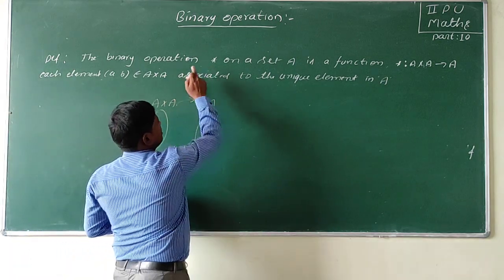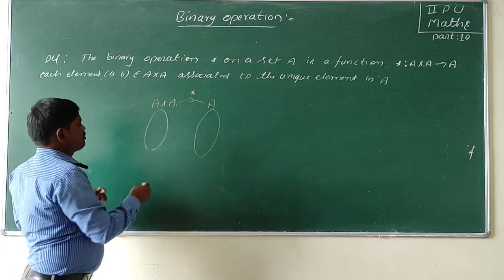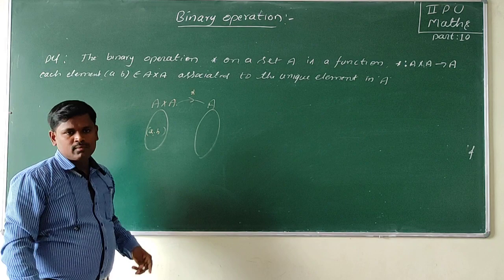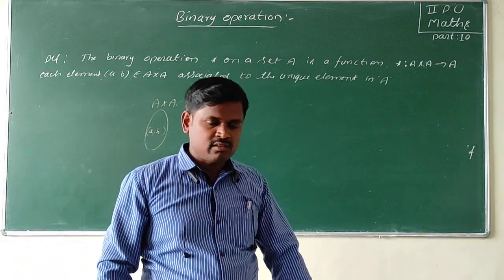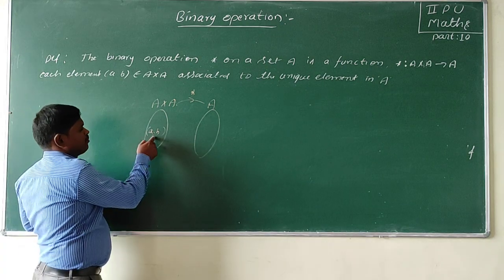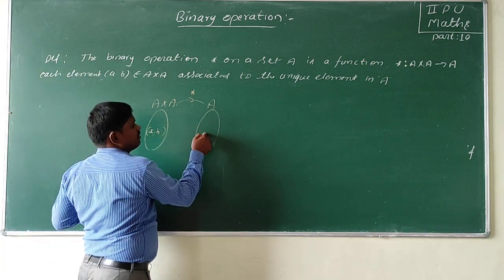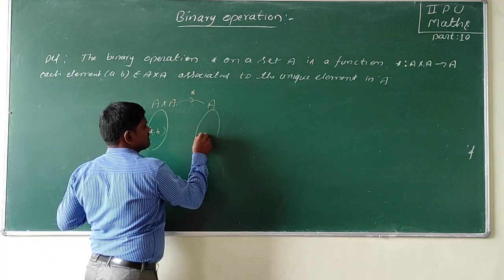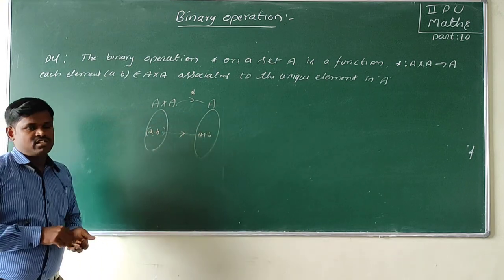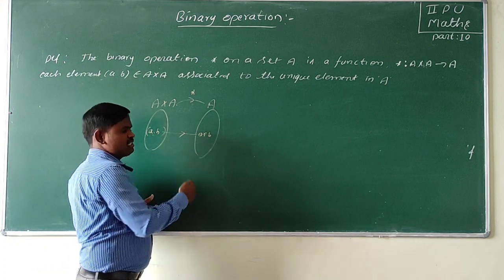The input is the element (a, b), and A cross A is a Cartesian product consisting of ordered pairs. Each ordered pair (a, b) is associated with some element, taken as a star b. Star is nothing but a mathematical operation.